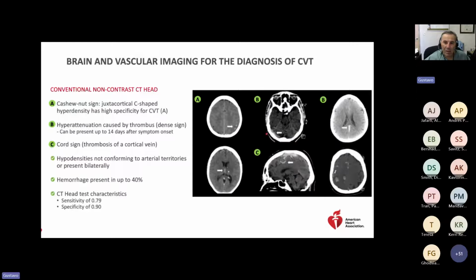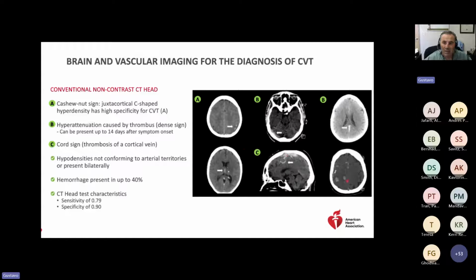Something similar is the hyperattenuation of some of the sinuses, especially the transverse sinus, in panel B. And then you can see the cord sign. The cord sign is an example where you can see the thrombosed vein, especially when it's affecting the cortex.